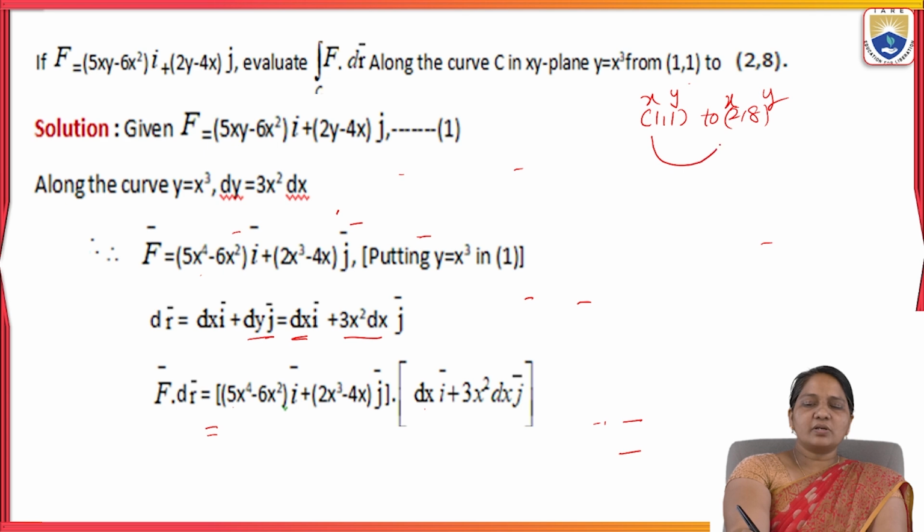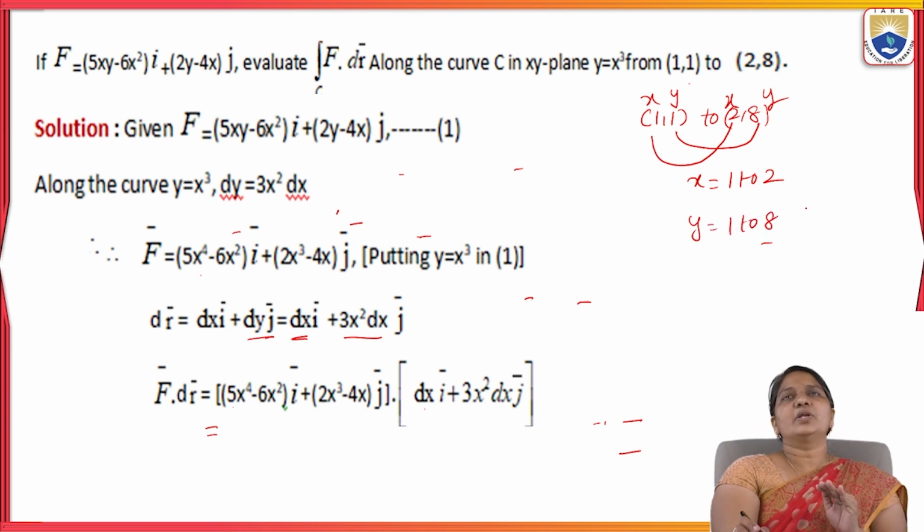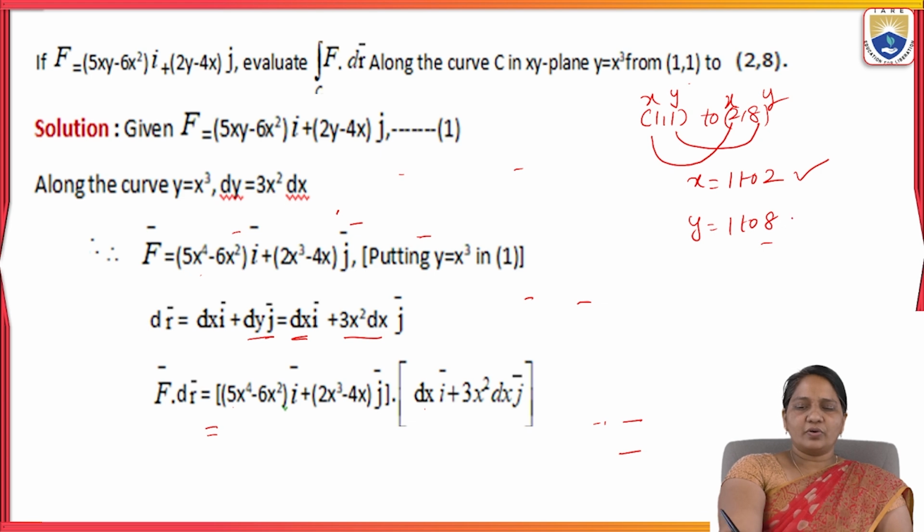Now x limits are 1 to 2 and y limits are 1 to 8. In the line integral we can do it with respect to dx or with respect to dy. If you are doing it with respect to dx, x limits are 1 to 2. If with respect to dy, y limits are 1 to 8.